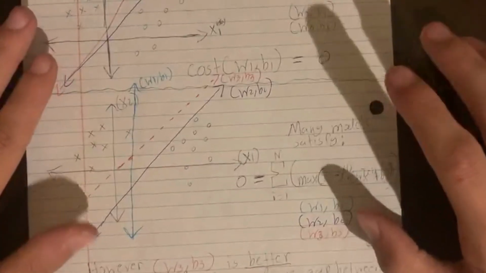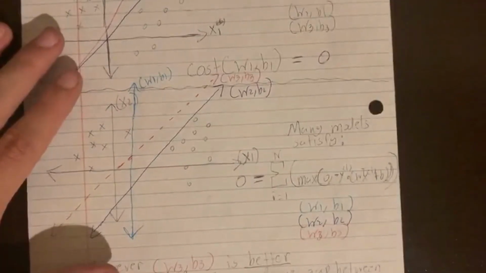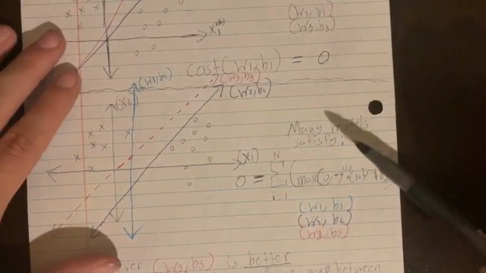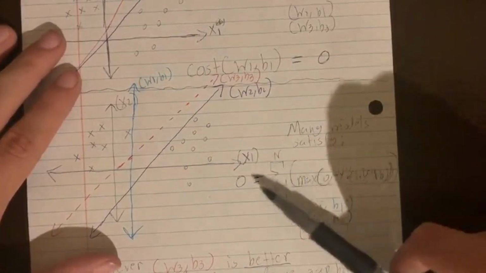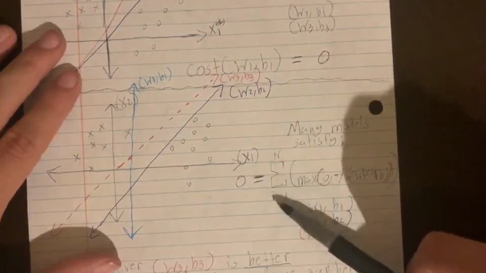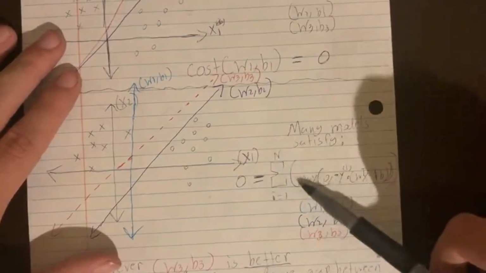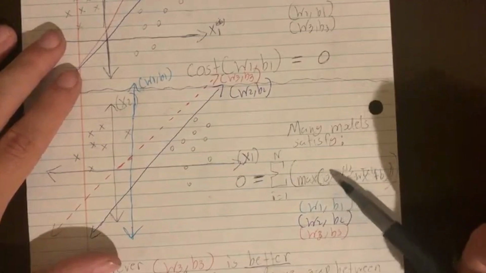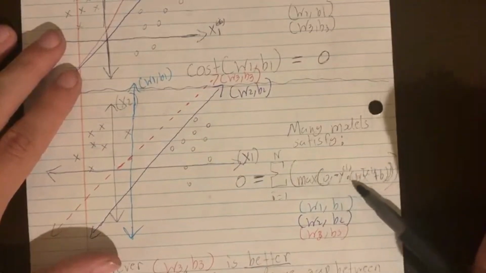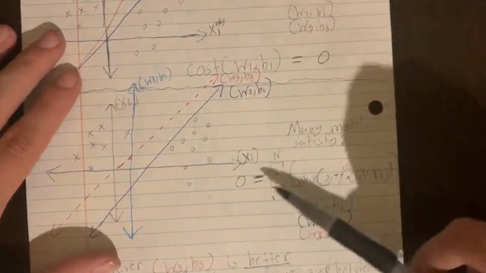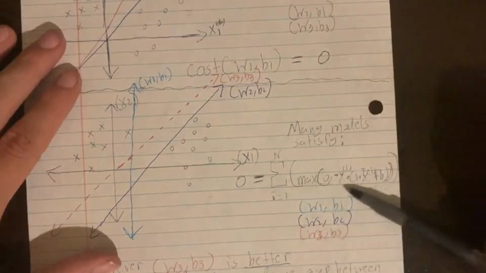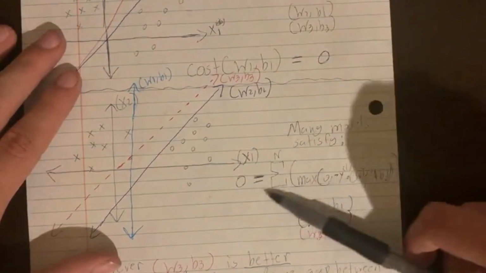Okay, so here I drew 3 models that satisfy the cost of the model being 0, right? For a cost function, the summation from i equals 1 to capital N of the max of 0 comma negative y of i times w transpose x of i plus b is equal to 0. I drew 3 models that satisfy this cost function equation.